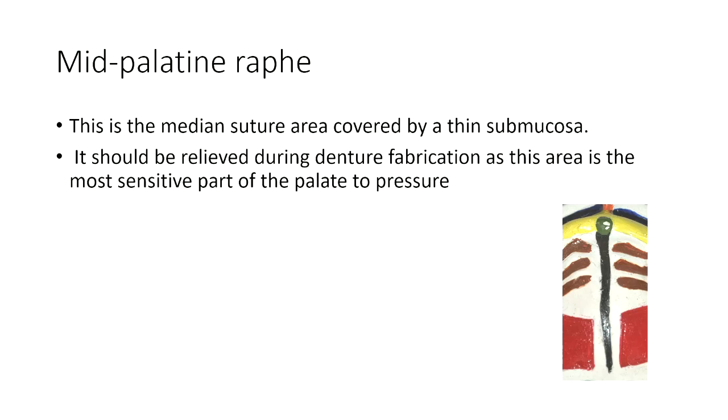So this is the area where that suture goes, and it should be relieved during denture fabrication, as this area is the most sensitive part of the palate to pressure. As we know, it is a place where two bones join. So it is better we don't apply much force to the palatine raphe, as it might be susceptible to injury.